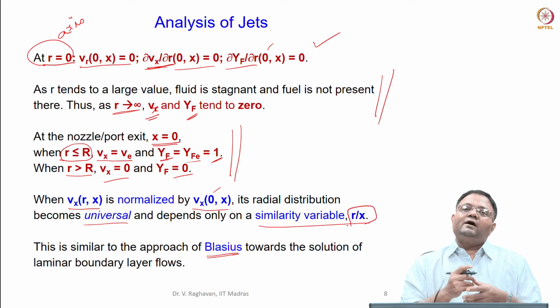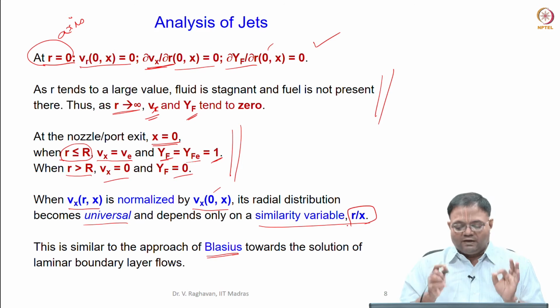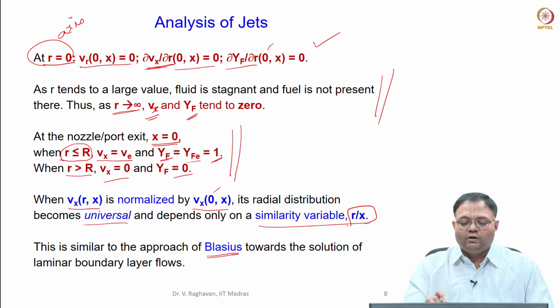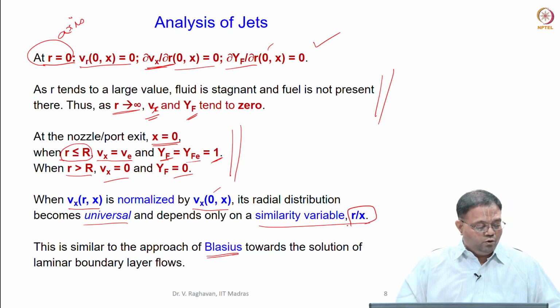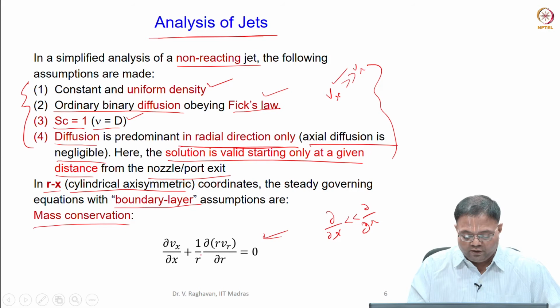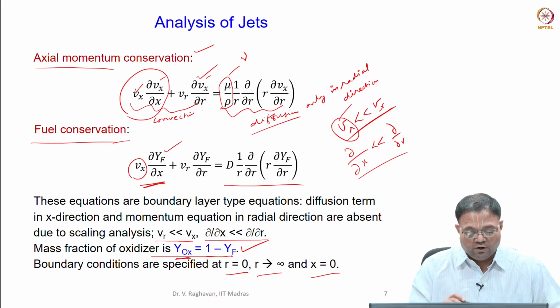So, if you define a similarity variable r by x, then we can solve the problem exactly like what Blasius used for the boundary layer approach. I am not going into the derivations of the solution, but I will only present the solution here. So, you can see that these parabolic boundary layer type equations result in continuity, then axial momentum, then fuel conservation equations.